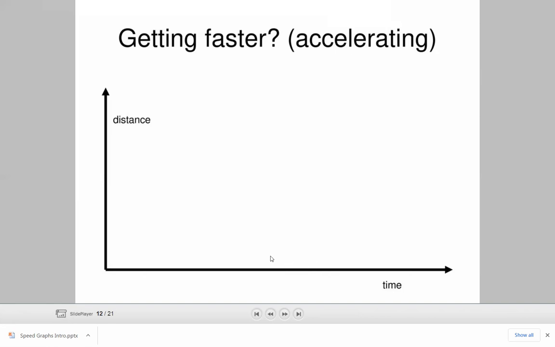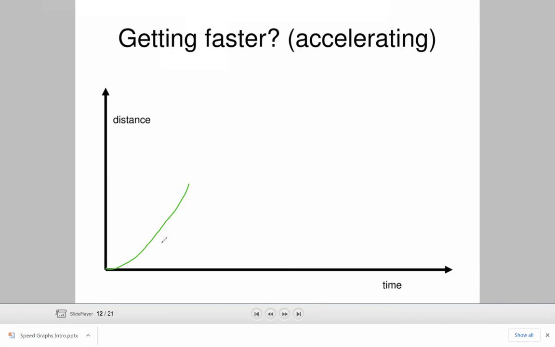So for an increasing speed, the distance time graph would not be a straight slanting line, rather it would be an increasing curve, something like this. Okay, and if you look at this increasing curve, you can see that as the time increases, the distance is not increasing by equal amounts.